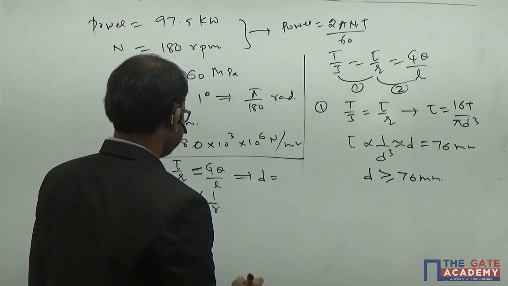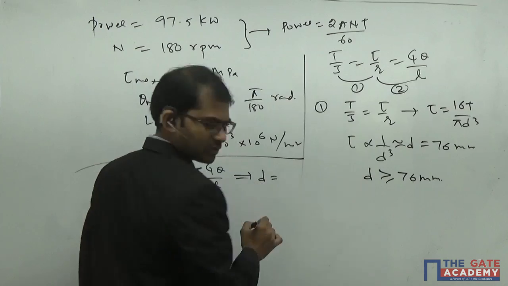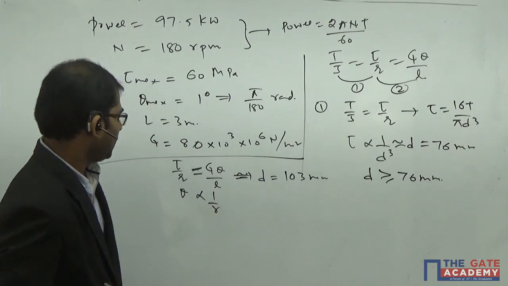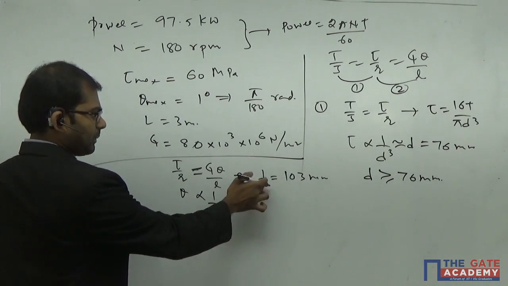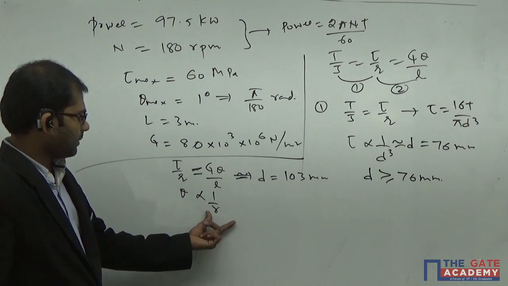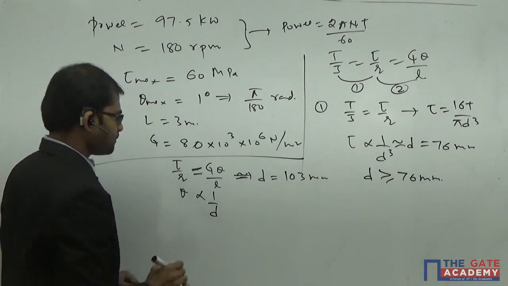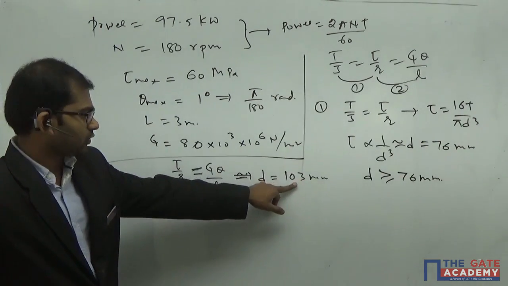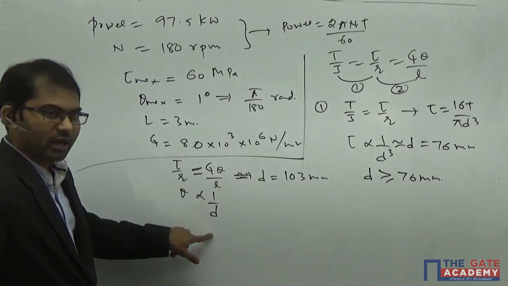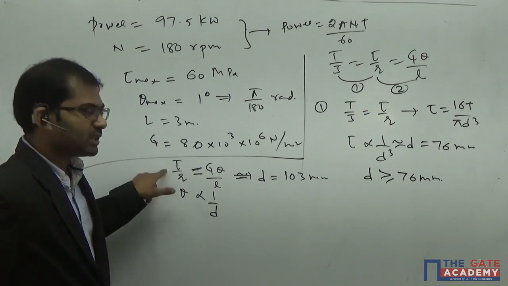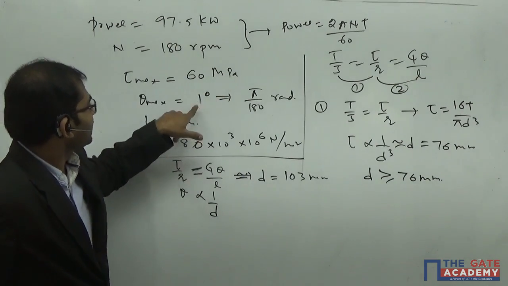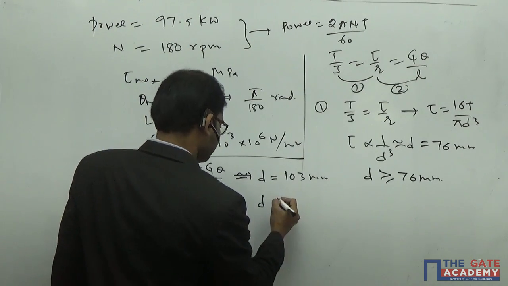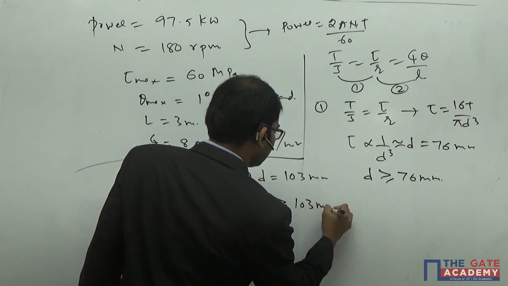You're going to get the diameter as around 103 mm. So if you decrease the diameter below 103, what happens? If you decrease the diameter, theta will increase, so theta will go beyond 1 degree. According to this, diameter should be greater than or equal to 103 mm.